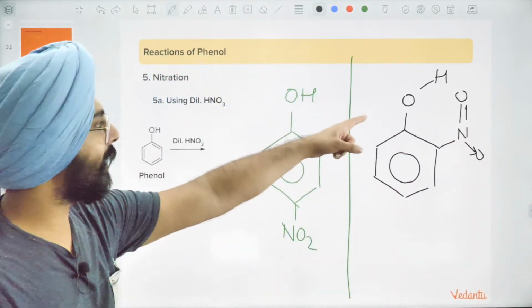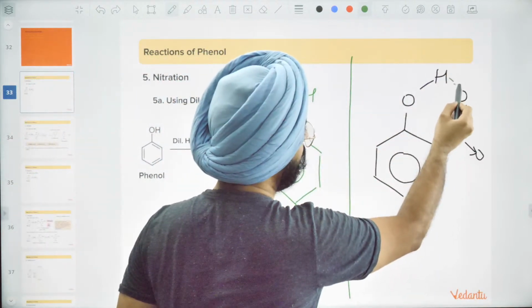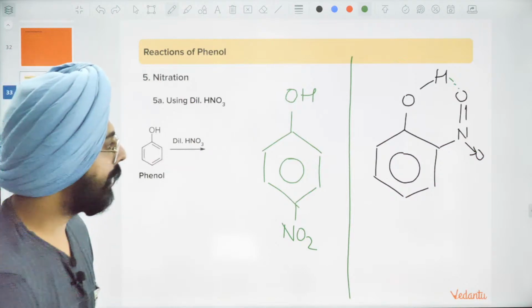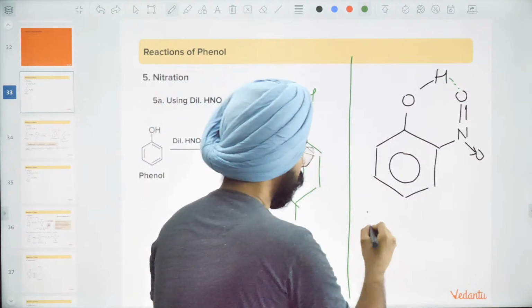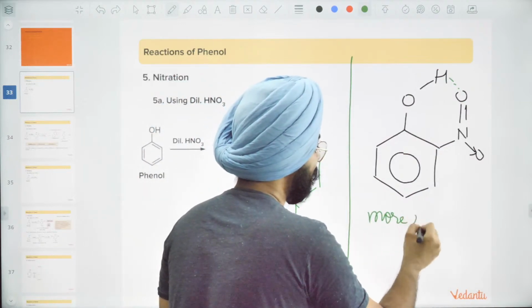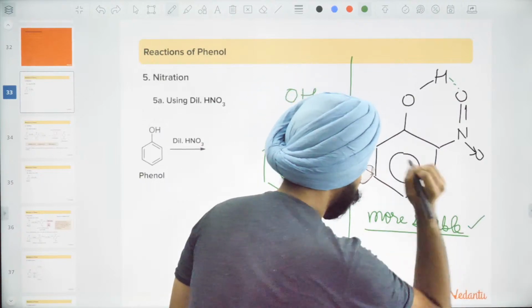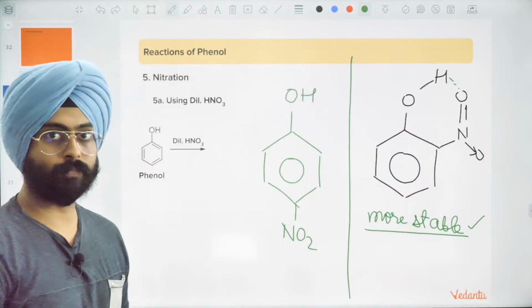Can you see something can happen over there? Do you see that hydrogen bonding can happen in this particular case? Yes. So my dear friends, in this particular reaction, the ortho product is more stable.